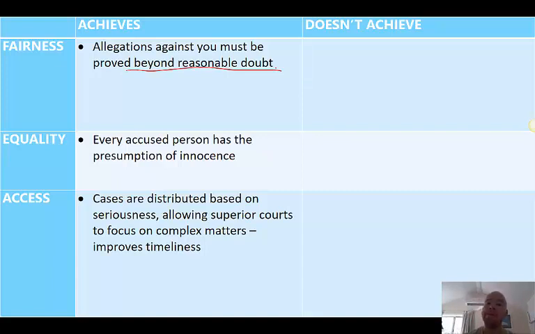Instead, we make sure that all of those minor offences are dealt with by magistrates in magistrates' courts. There's far more magistrates' courts. There's only one Supreme Court in Victoria, obviously. It means that superior courts can focus on more complex matters. This improves timeliness throughout the court system, meaning people have greater access to the system. They don't have to go through long waiting times. So it promotes access.